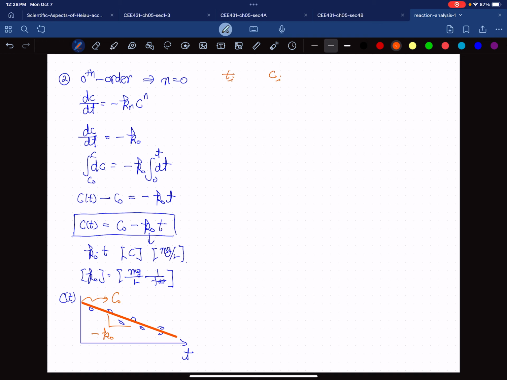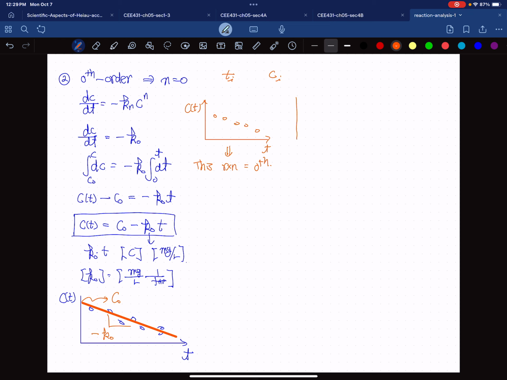So far, you could plot two things. One is time t and C(t), just the concentration itself. If it shows a linear line, then you could conclude that this reaction is zeroth order.